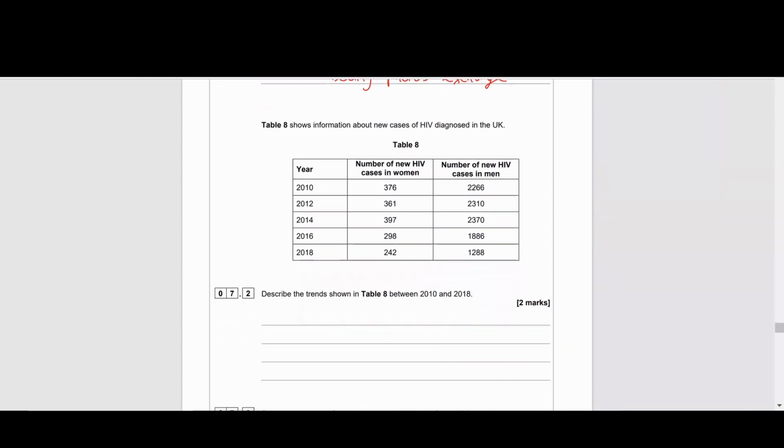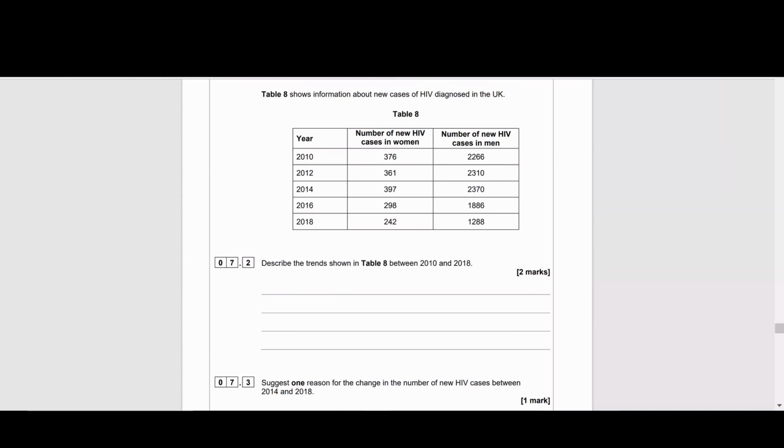Table 8 shows information about new cases of HIV diagnosed in the UK. Describe the trends shown in Table 8 between 2010 and 2018. So we're looking at how cases changed over a period of time, one for women and one for men.